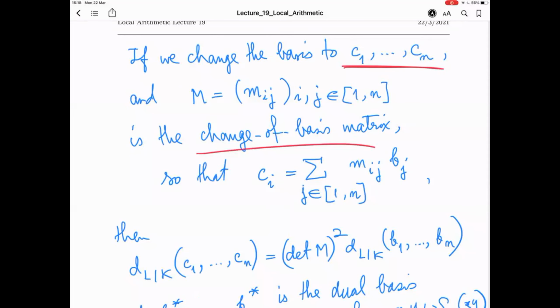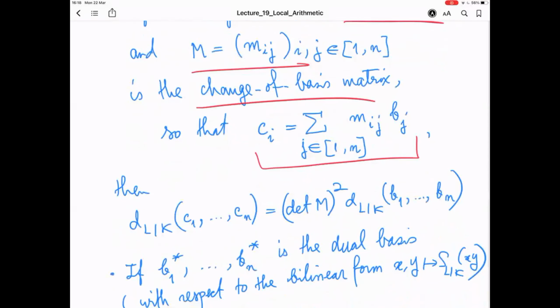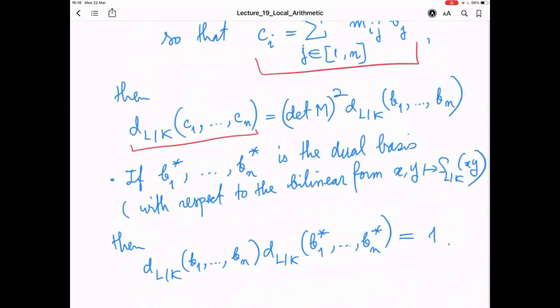Then there's going to be a change of basis matrix M, which will express the new basis in terms of the old basis. And one can check that the discriminant of the new basis differs from the discriminant of the old basis by the square of the determinant of the change of basis matrix M.